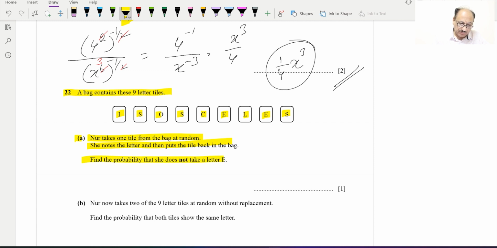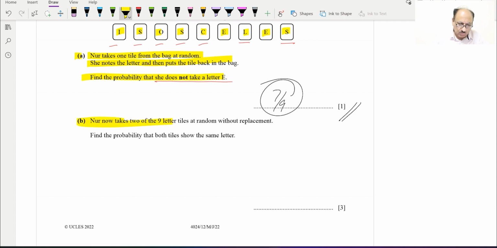So find the probability that she does not take a letter E. So how many E's are there? 2 E's. So she does not take out E. So the remaining letters will be 1, 2, 3, 4, 5, 6, 7. So 7 out of total 9. So the probability will be 7 out of 9. This will be the probability for 1 mark.